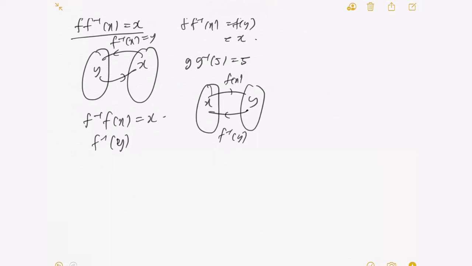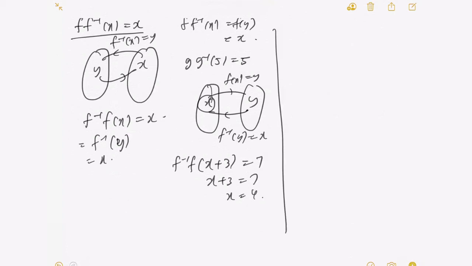Where will I end up? I will end up getting x. So this is still x. For example, what is f inverse f of x plus 3 equals 7? Answer? Just cancel them. x plus 3 is 7, x is just 4. Okay, so this part, no problem.